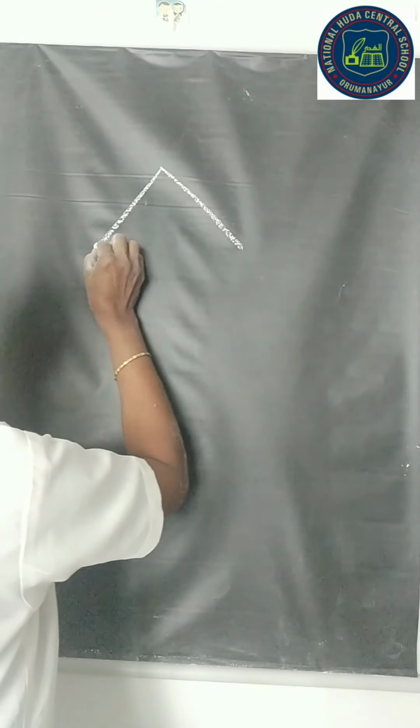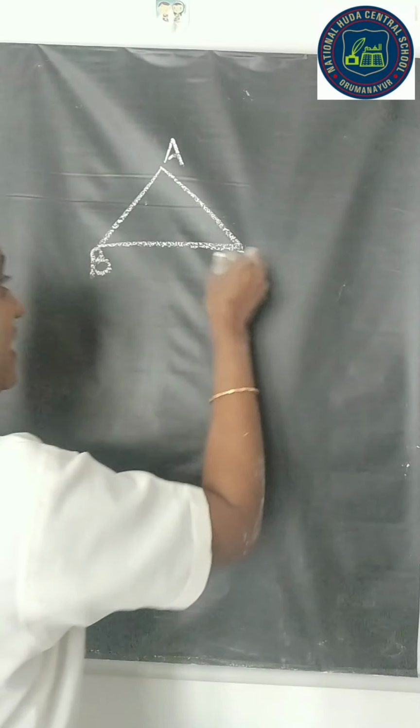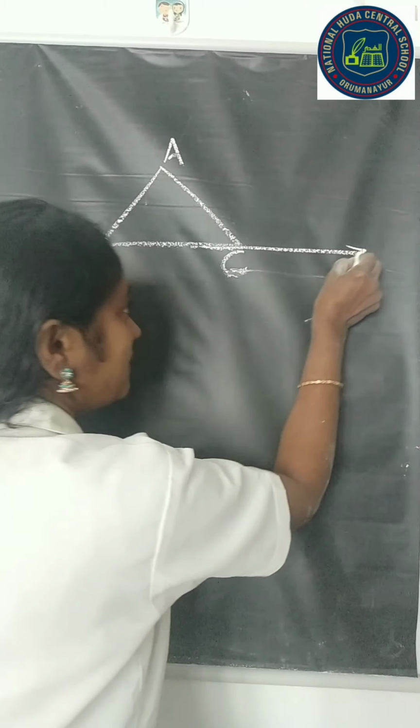An exterior angle of a triangle is equal to the sum of its opposite interior angles. Let ABC be a triangle and there is an extended portion.